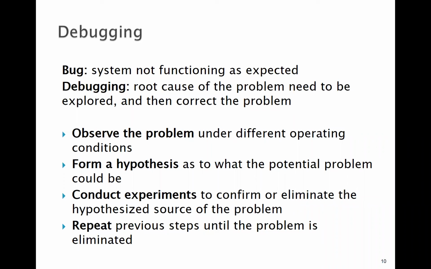If it confirms, so we can eliminate the problem, then we debug the system. If it doesn't work, then we go back to the first stage and observe the problem again under different conditions, and then form another hypothesis, and conduct the experiment. So we iteratively follow this procedure, repeat this until we resolve the problem and complete the debugging.